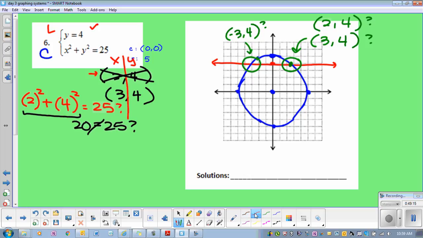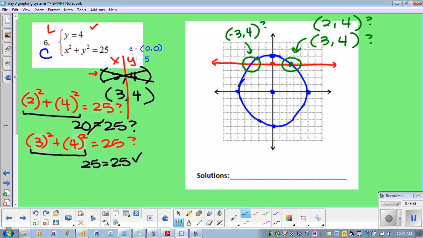So now we need to check 3, 4. 3 squared plus 4 squared equals 25, question mark? Yeah, if you put in 3 squared plus 4 squared in the calculator, what do you get? What is this, 9 plus 16? Yeah, that is 25. 25 does equal 25, so that tells me that 3, 4 works.